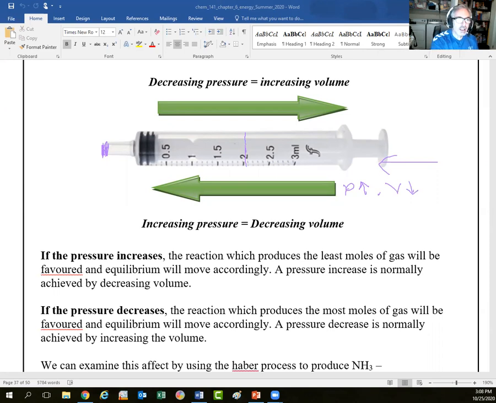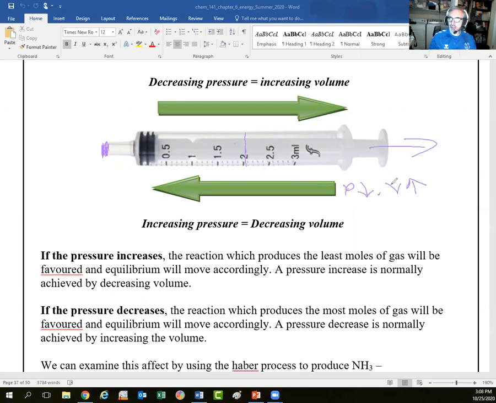Conversely, if we start to pull the syringe out, without pulling it out all the way, mind you, you don't really need a diagram or a picture to show you, start pulling it out, the volume inside the syringe starts to increase. So a decrease in pressure as we back off causes an increase in volume.